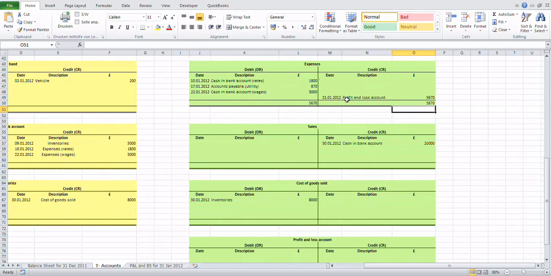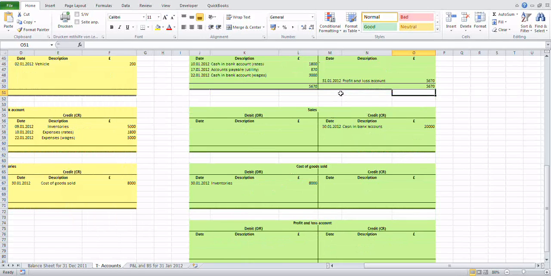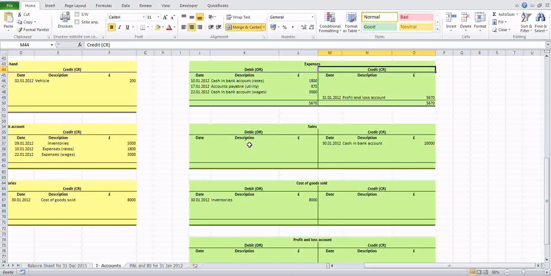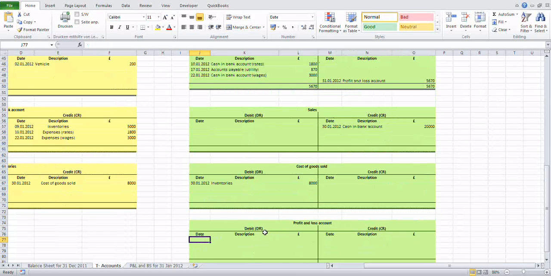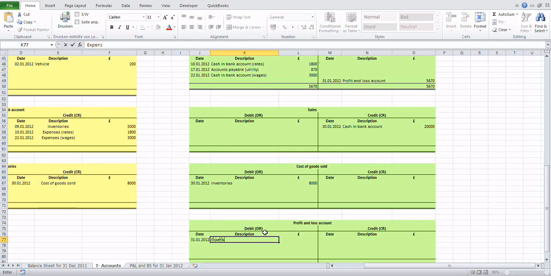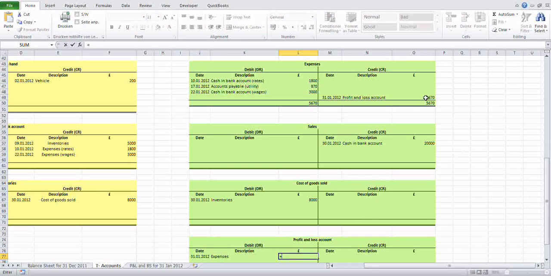Now let's put this into the profit and loss account. It's right here. Now the expense account has been credited, therefore we need to debit the profit and loss account. 31st of January 2012, expenses, and now we make our life a lot easier, we just refer to that value as a reference.